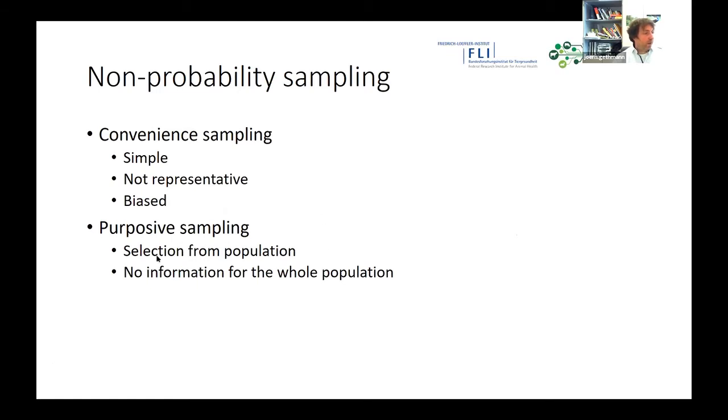Purposive sampling, you have a certain selection from the population, and you have information for this subgroup, but you don't have information for the whole population. This can be used for risk-based surveillance, but then within your subpopulation, you should select the animals randomly.